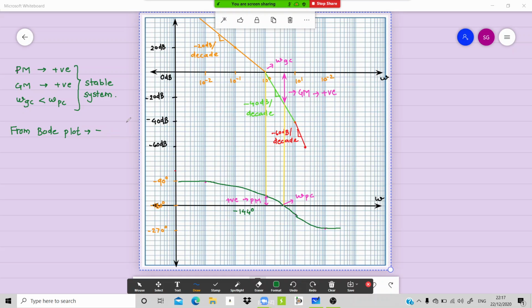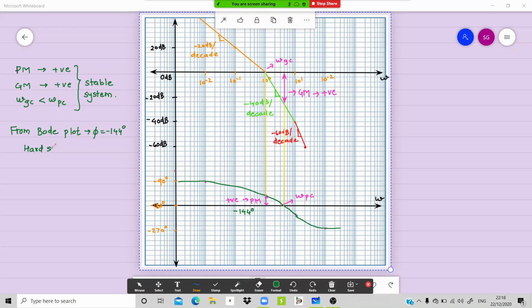I'll write PM is equal to... first, I got minus 144. But actually, when I had drawn it on semi-log paper, I got it minus 138. Hard paper, I'll say. This is just an explanation for you how you can draw it. I have already drawn it, but I cannot show you that over here. So please draw it and see.